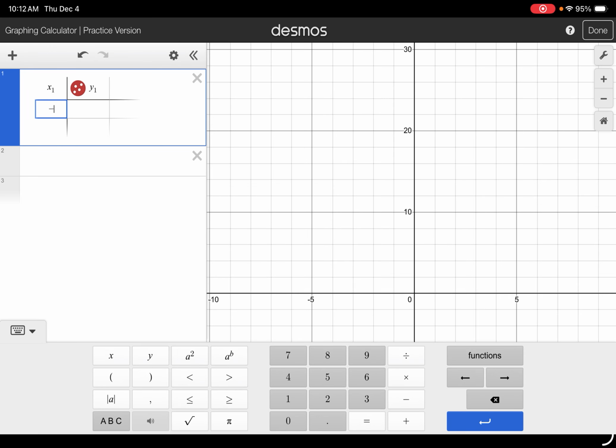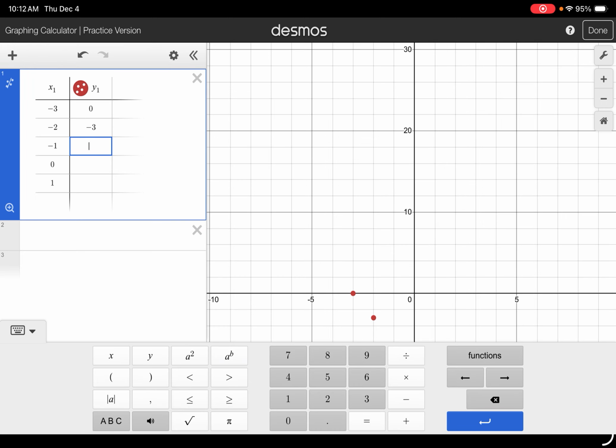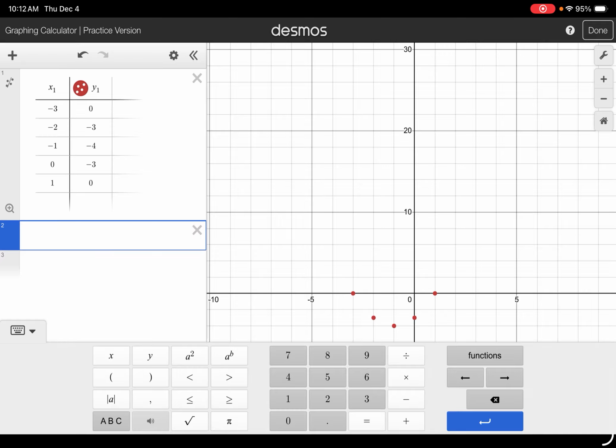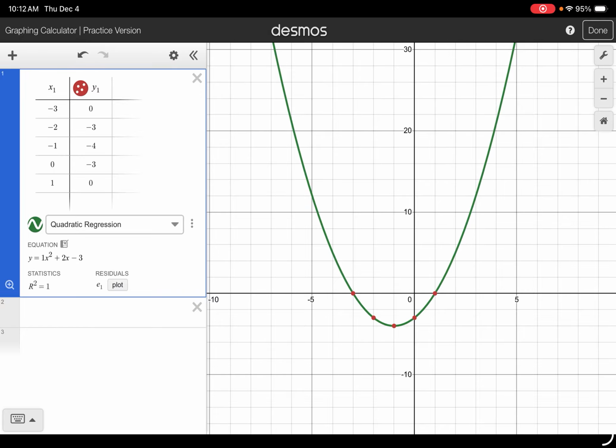So here we go. I'm going to type in my table. And notice it's plotting my little dots for me as I go. And then if you want to actually see the parabola drawn, then you can tell it to run a quadratic regression, and it's going to draw you the parabola.